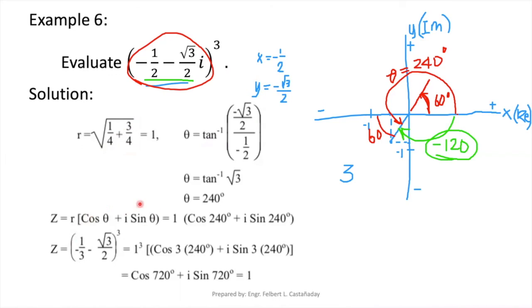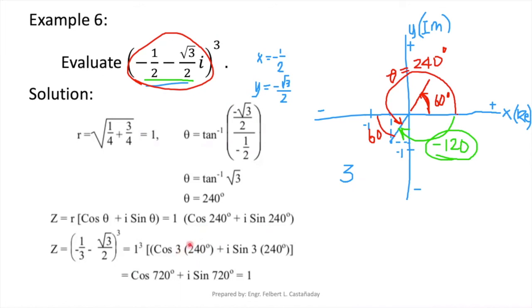And then using the polar form, cosine theta plus i sine theta, we plug it in here. Since this complex number is raised to a power of 3, r will be raised to 3, and the argument will be multiplied by the exponent.